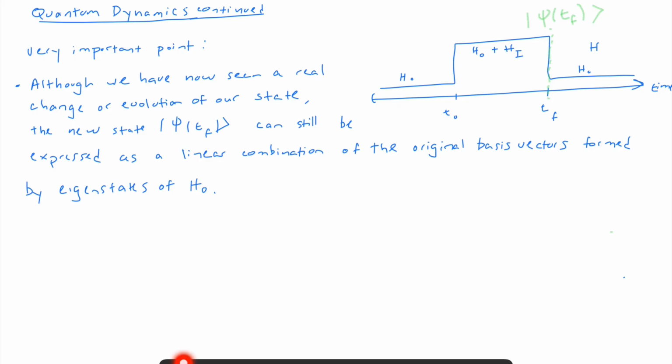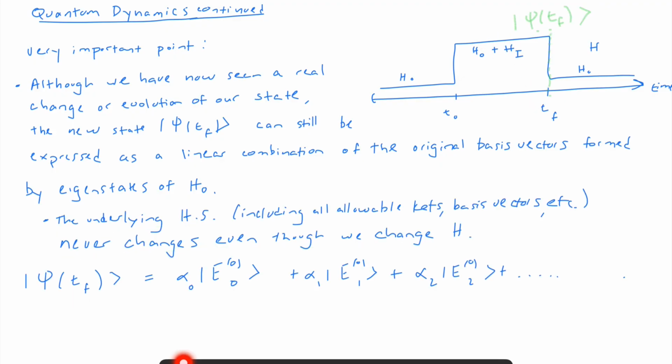So if we have an underlying Hilbert space, and there's a specific basis that by chance happens to be an eigenbasis of H sub 0, even though you're here, you can still say that the Hilbert space is still the same here, and you can use the same eigenbasis you did in the beginning, even though the Hamiltonian is different. You don't have to jump to the eigenbasis of this new Hamiltonian. You can use the same one here to express your results. That part's important.